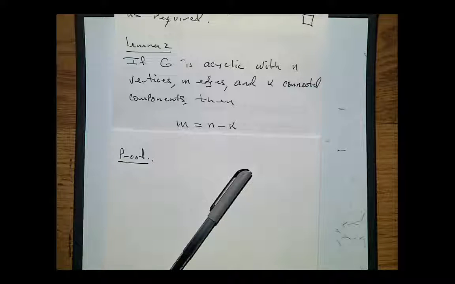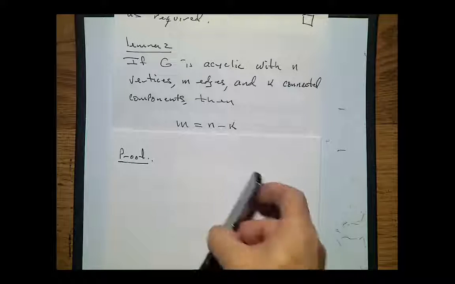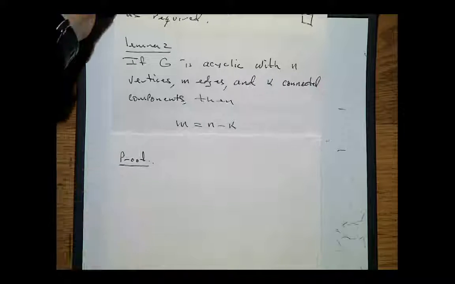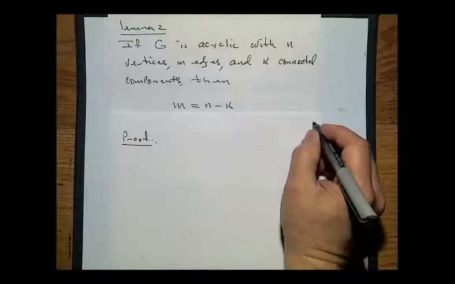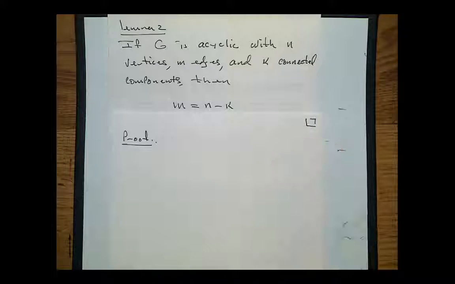Some people would try to run and hide from induction, and other people, okay, all proofs are induction proofs now. Some proofs aren't supposed to be induction proofs. This one isn't supposed to be an induction proof.